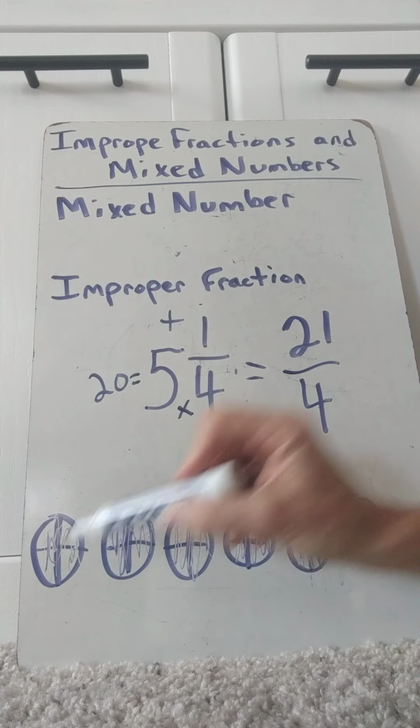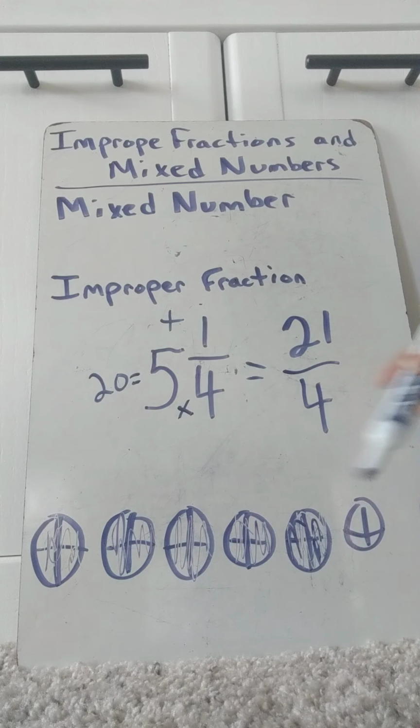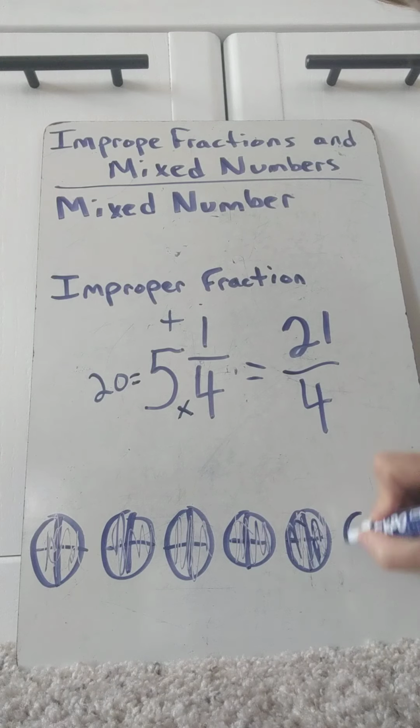And then here I have to do 1 out of the 4, so I'll shade in this little corner down here, 1 out of the 4. Actually, that doesn't look good. Let me do it again, circle it better for you. I'm going to shade in 1 out of the 4 for that one.